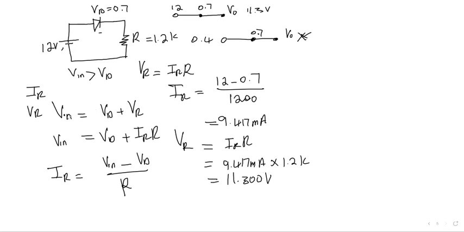So now, before we continue, prove your answer, whether it's correct or wrong. Since we said VD plus VR are equal to V in, now we have the values. Let's prove whether our values are correct.